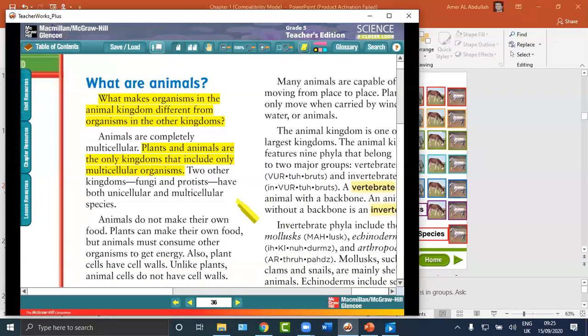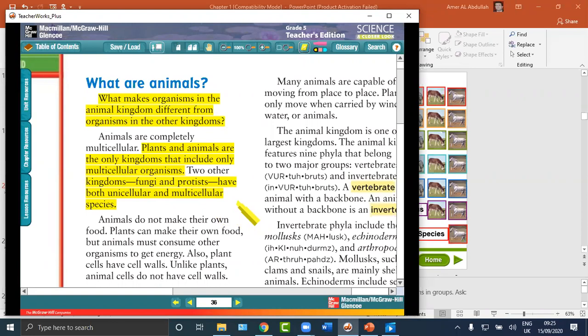Two other kingdoms, fungi and protists, have both unicellular and multicellular species. So we can put both in the same group.